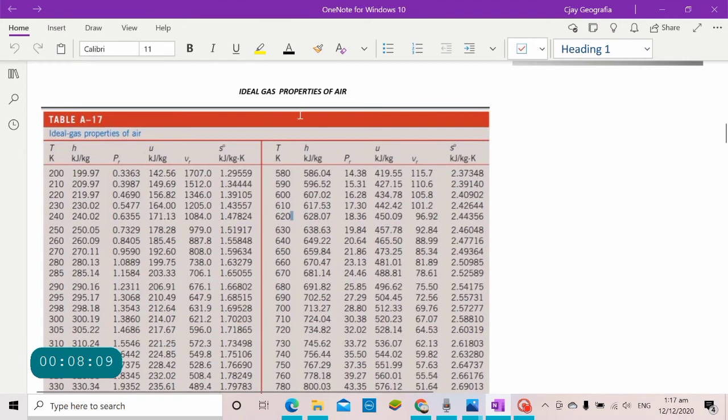So this is our ideal gas properties of air table, which is useful because most often the Brayton cycle uses air standard processes, or the ideal gas properties of air.